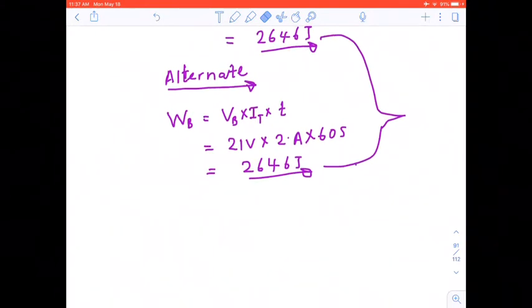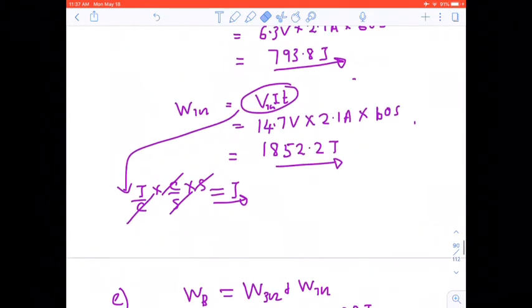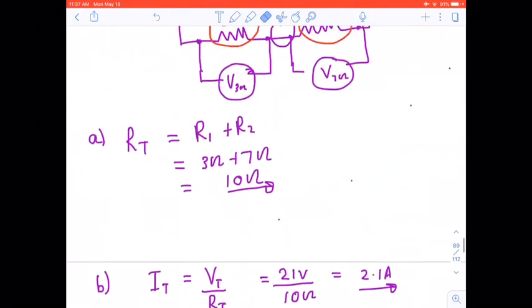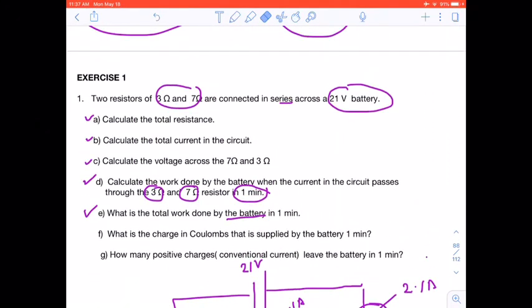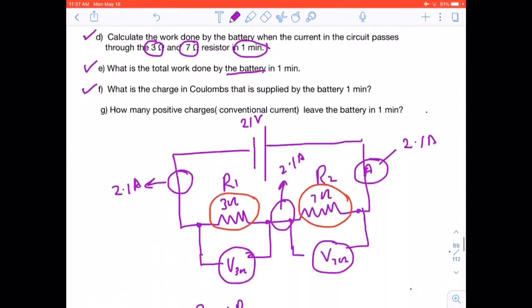Then we have here: what is the charge in coulombs that is supplied by the battery in 1 minute, and then it asks how many positive charges of conventional current leave the battery in 1 minute.